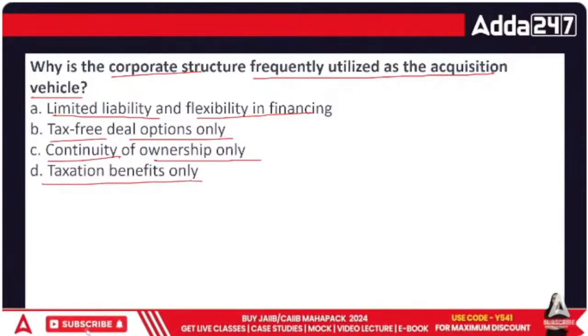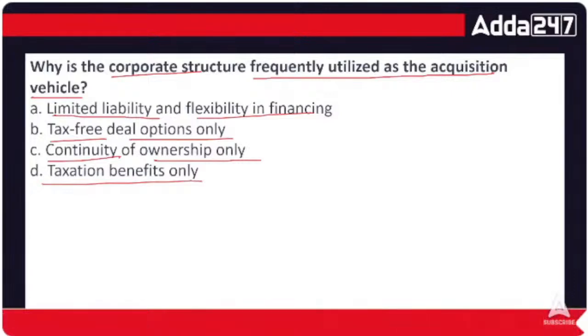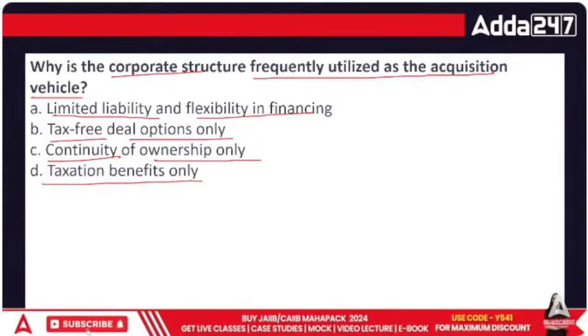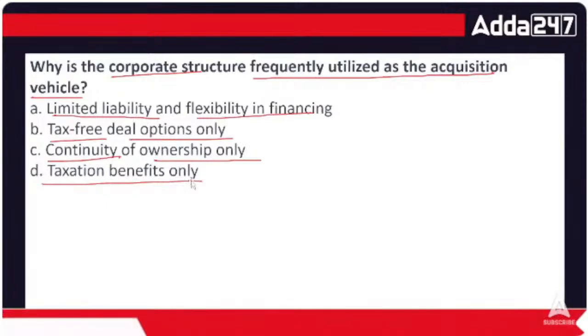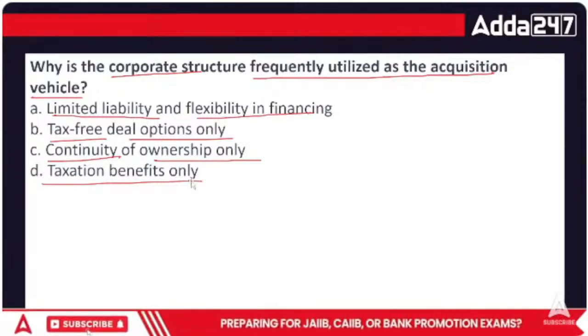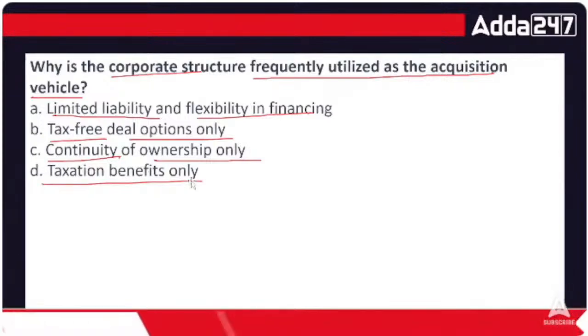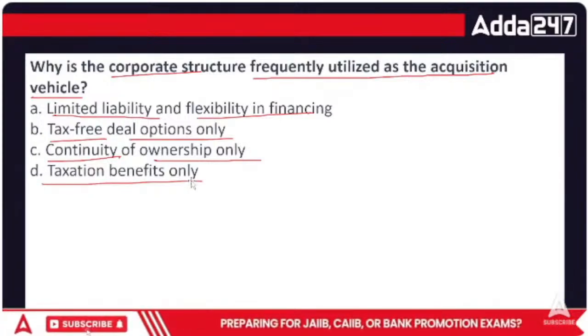Corporate structure is basically the organization structure which we are talking about, and once we change the restructuring and other things, then obviously this changes. So why is this particular thing done when we're talking about acquisition vehicle?